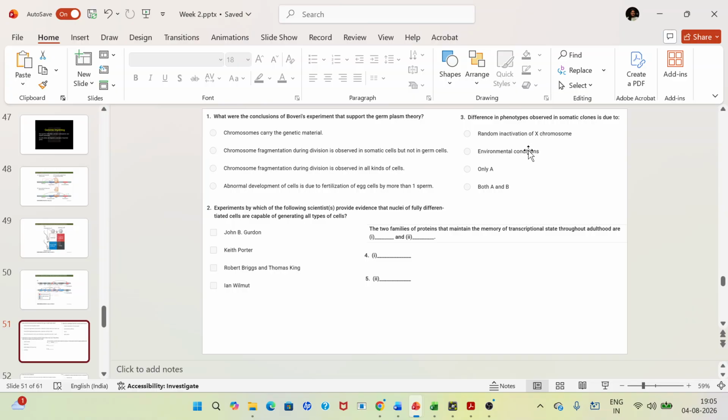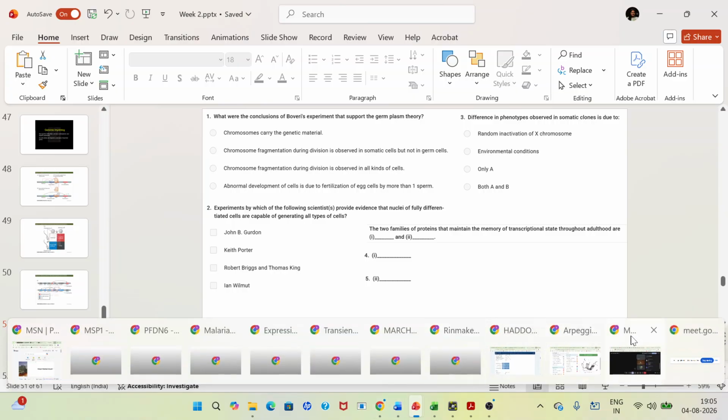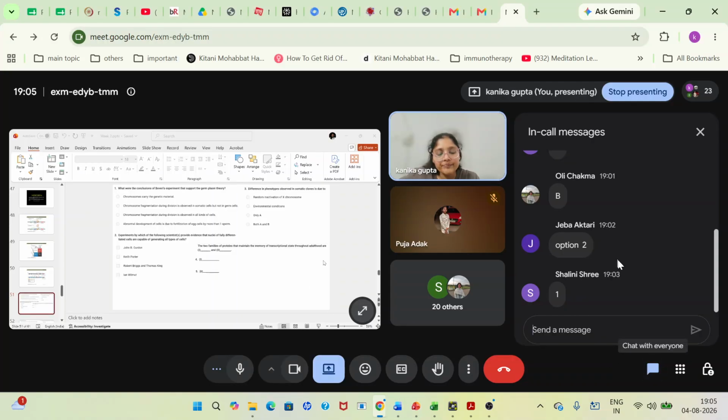Question number 3. Difference in phenotypes observed in somatic clones is due to... We've seen that in case of the cat.